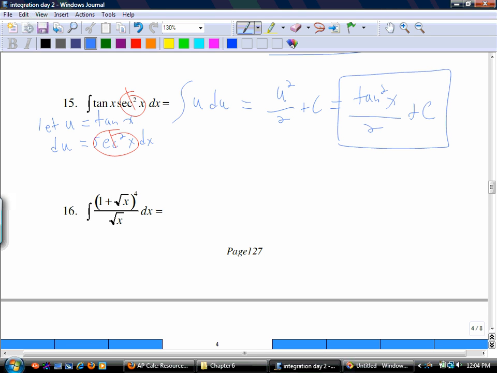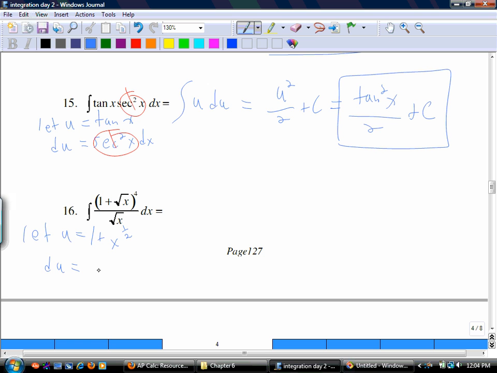Last one. What do you think you want to let u equal this time? What's your pick? Good. So 1 plus, I'll make that x to the power of 1/2. Okay? Everything that's inside the brackets. So what's du equal to?